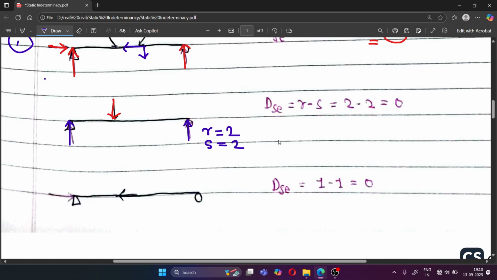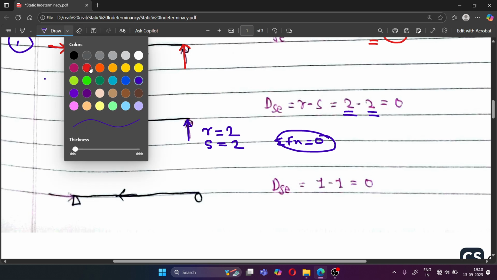Here summation Fx is equal to 0 is not of use. Only vertical reactions and moment about z are enough. So reactions are 2, conditions of equilibrium for this particular case will be 2, and hence DSE is equal to 0.